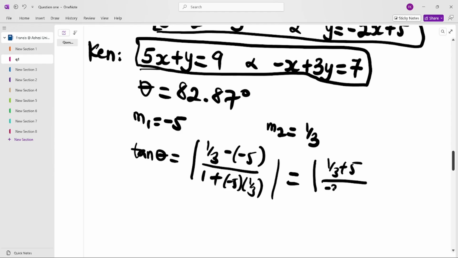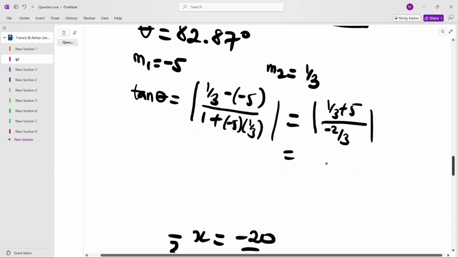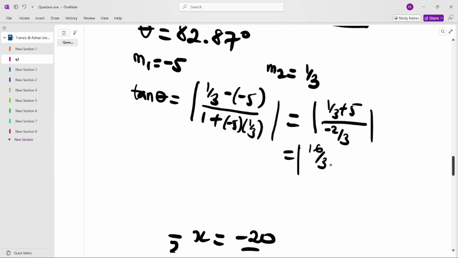That will be negative 2 over 3. So at the end of the day, in the numerator, I have 16 over 3 times 3 over negative 2. Then this one will cancel this. Then negative 2, absolute value of negative 8, which is equal to 8. So we found tan inverse of 8.